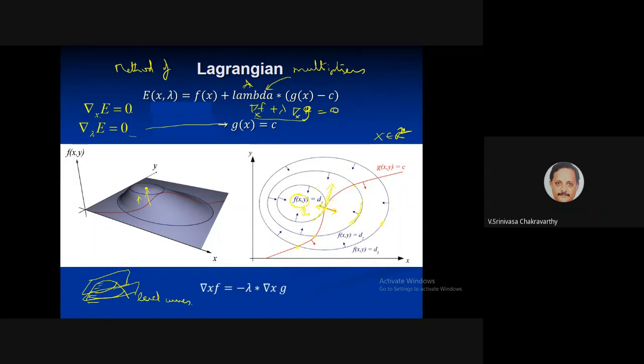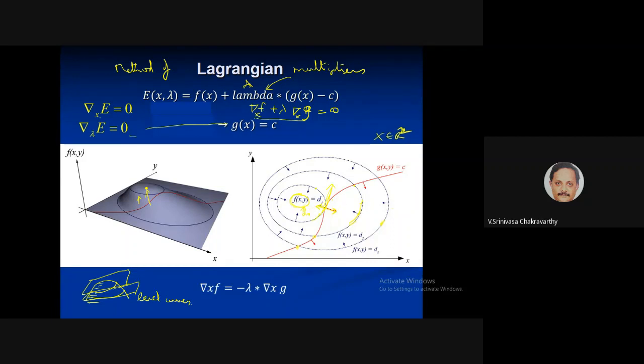This red line is the curve which denotes g of x comma y equal to c. So my solution has to lie on this curve and also should give me the highest possible value of f of x comma y. What is that point?